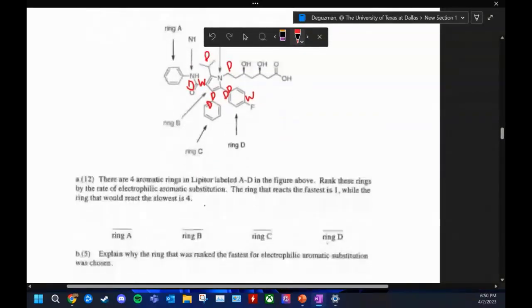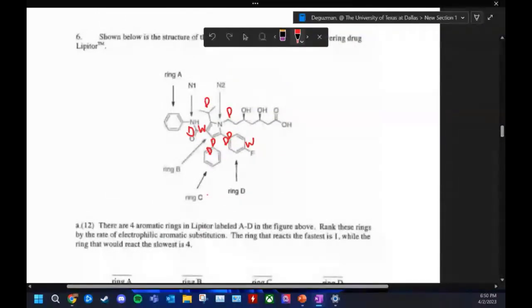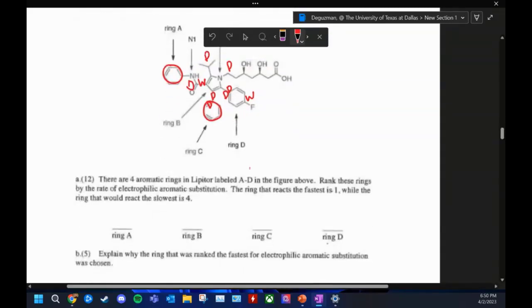Now let's rank these. Let's look at the ones that have only donating, right? Because we want only donating for our electrophilic substitutions. So the only ones that have donating are ring A and ring C, right? Now we just have to rank which one has a stronger donating group.